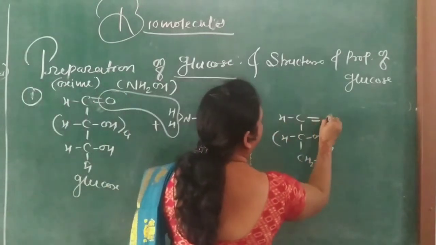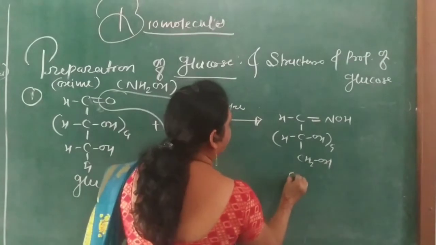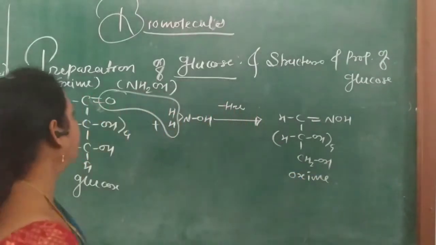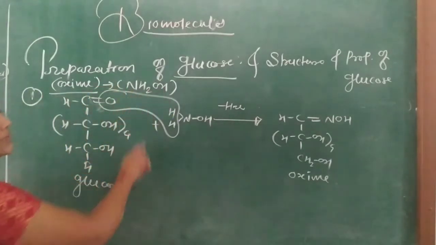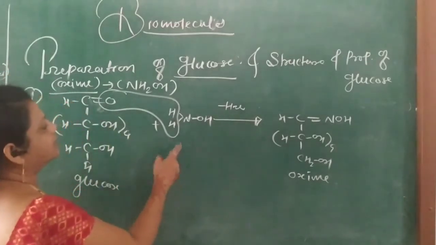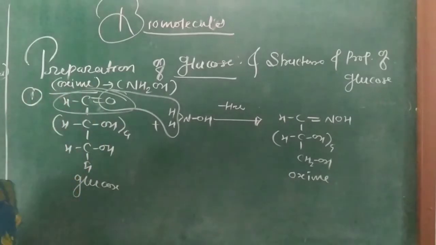So here is a double bond to NOH. So this is glucoxime, or it is also called oxime. Glucoxime or oxime means this is the formation of oxime, or action of hydroxylamine on glucose.